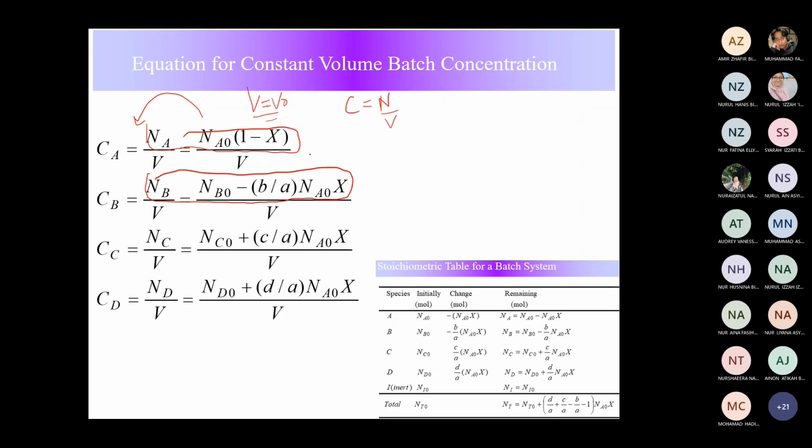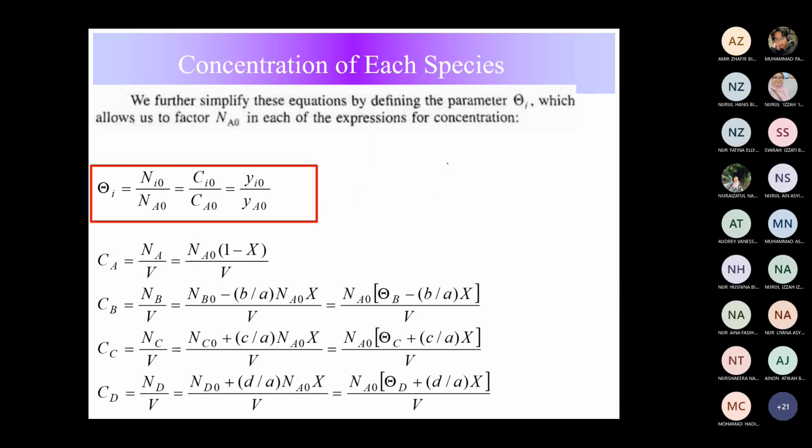So all of it you can divide to make it concentration. Later I will teach how to change NB naught. So this is how you get NB over V, NC over V, ND over V. After this I will teach how to change NB naught and ND naught into just one symbol.